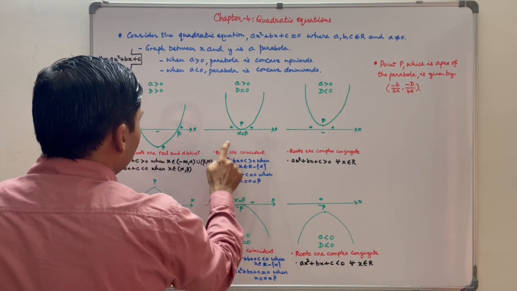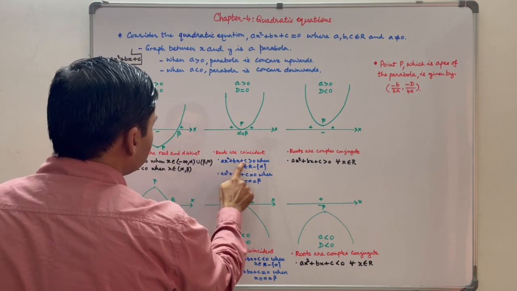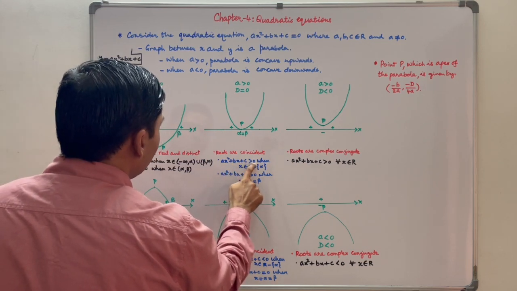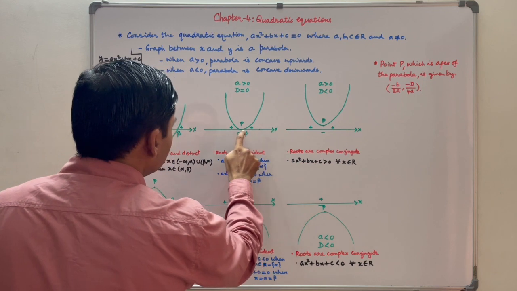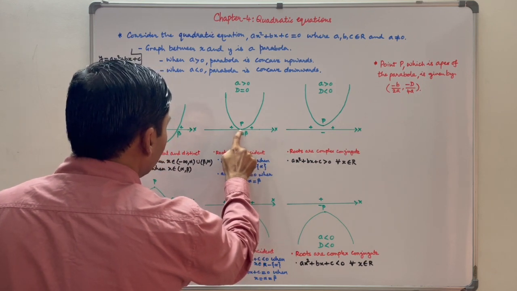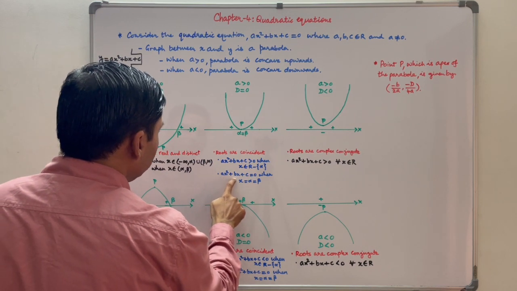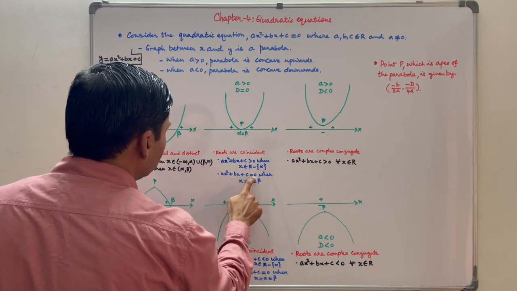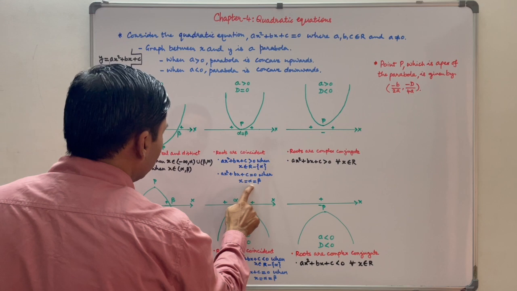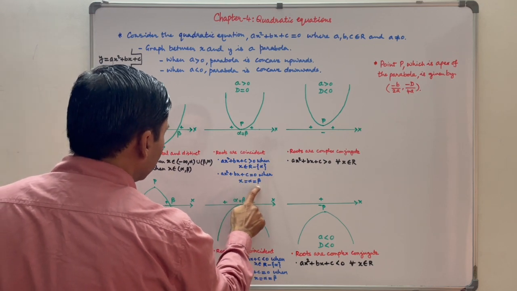In figure 2, ax square plus bx plus c is greater than 0 for all x except when x is equal to alpha or x is equal to beta. And ax square plus bx plus c is equal to 0 when x is equal to alpha or x is equal to beta.